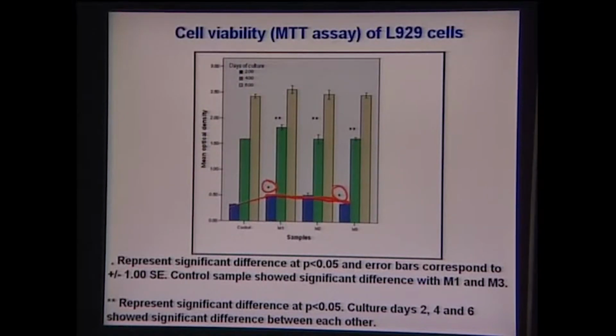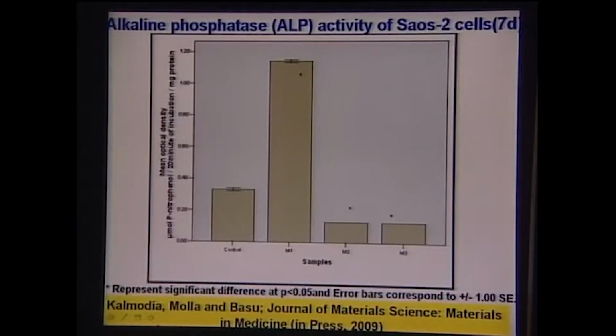For 4 days, the green bars, and then 6 days, the control samples and M1, M2, M3 are almost at a similar level. So, essentially all these glass ceramics have similar cell viability as far as the control sample is concerned.